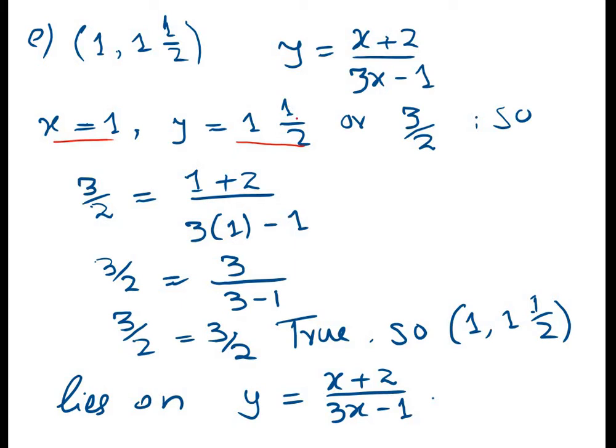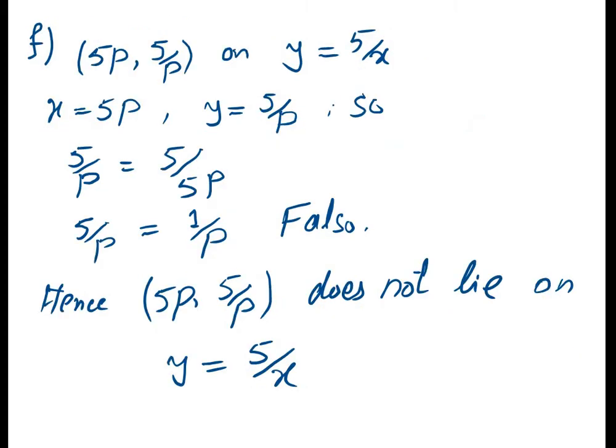So 1 and a half is, you multiply the 2 into 1, then add the numerator with it, and then divide by the denominator. So that gives us this number. When you substitute these values and simplify, you get the true value, 3 over 2 is 3 over 2. So that lies on the curve of the equation.